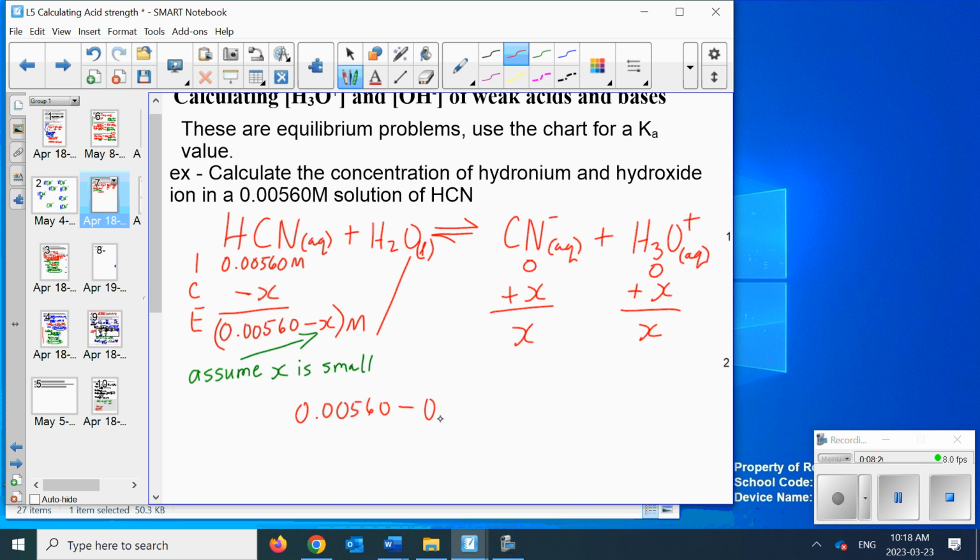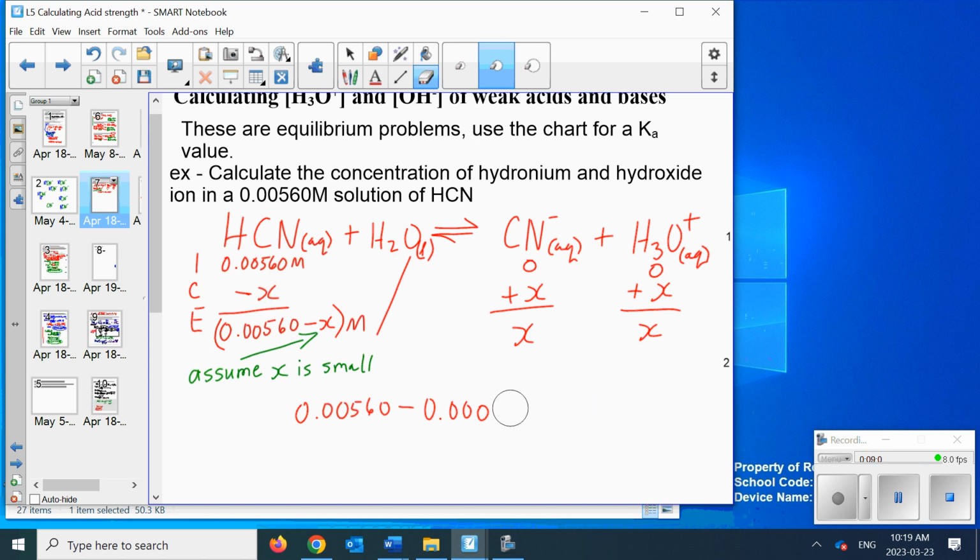If I had a number like that and I subtract those two numbers, does it really change the 0.0056? No. So we're assuming that you're going to get a small number. Why can I assume that? Because it's a weak acid, and when we look up the Ka value, it's like 10 to the minus 10. It's going to be in this range, like when we solve it for the acid.